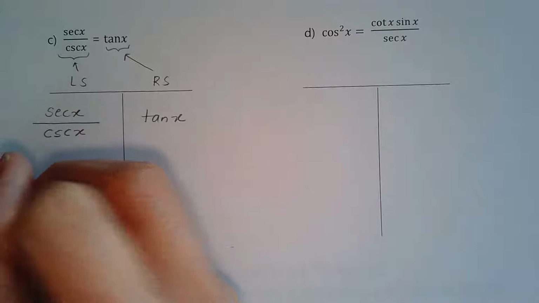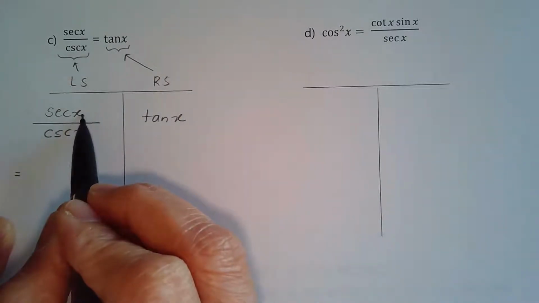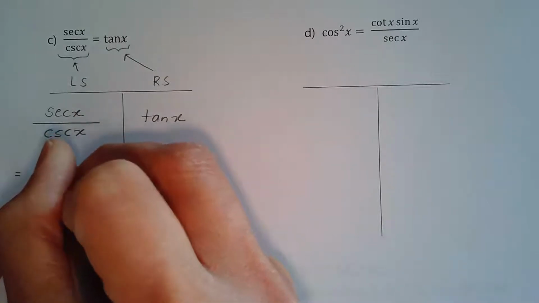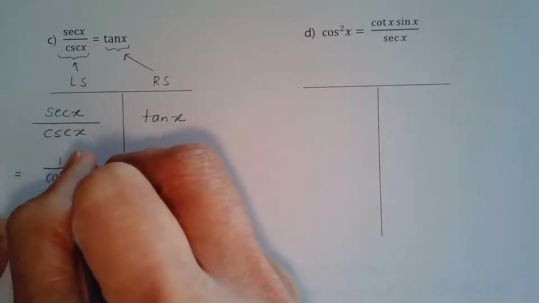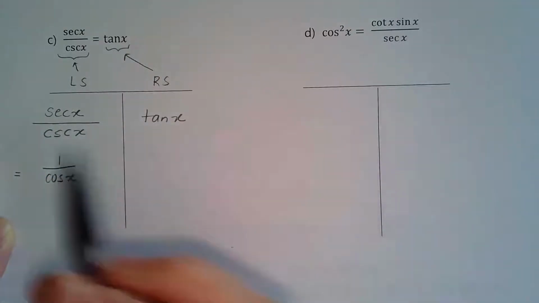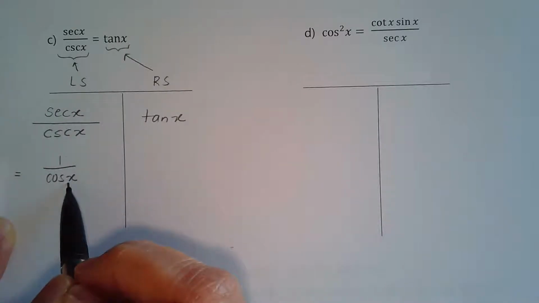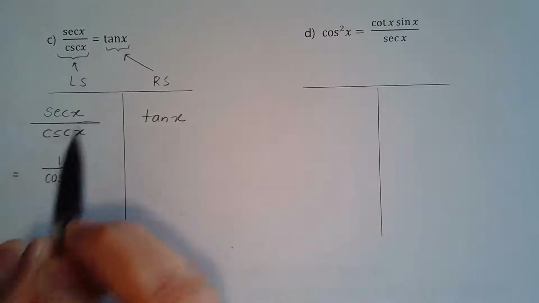What do I know about secant of x? Well, secant of x is the same thing as 1 over cos of x. So we can rewrite secant of x as 1 over cos of x. And then divide.